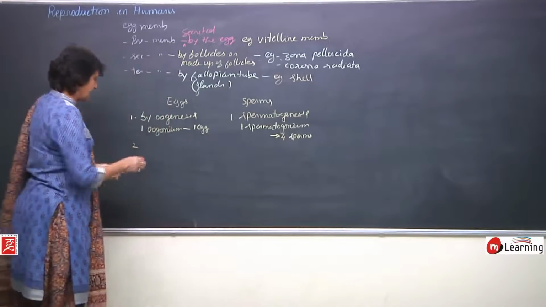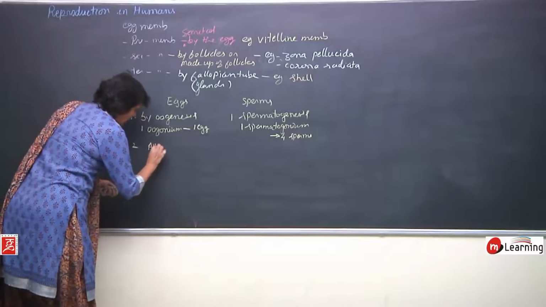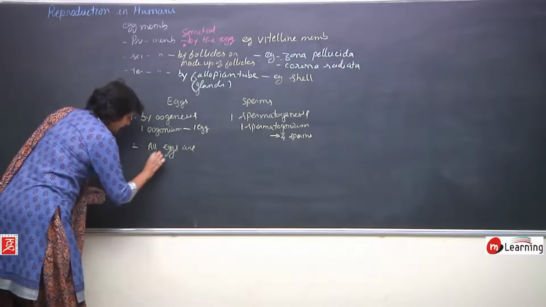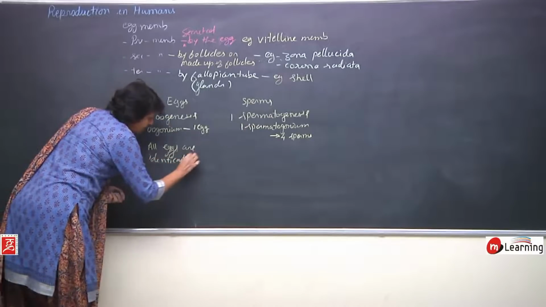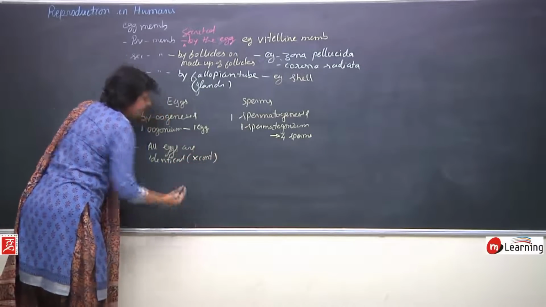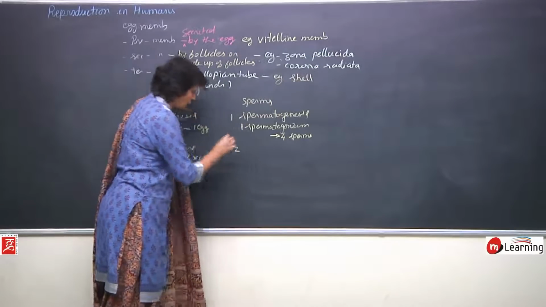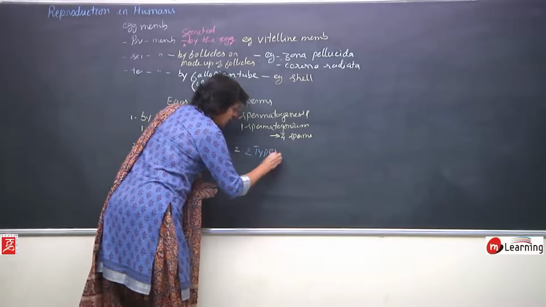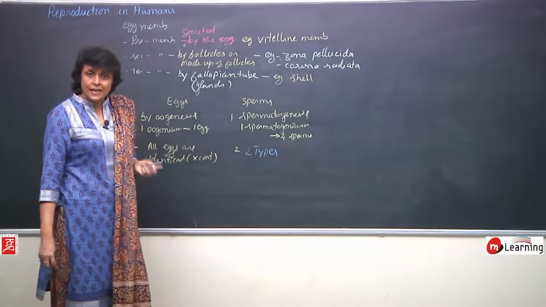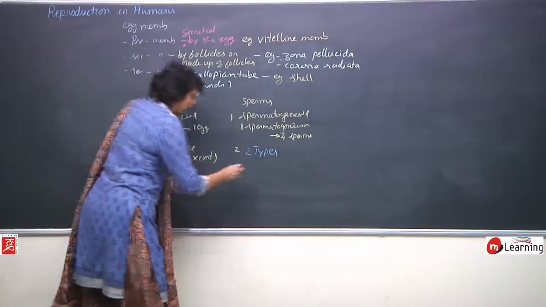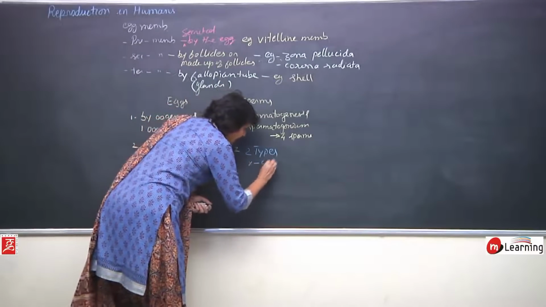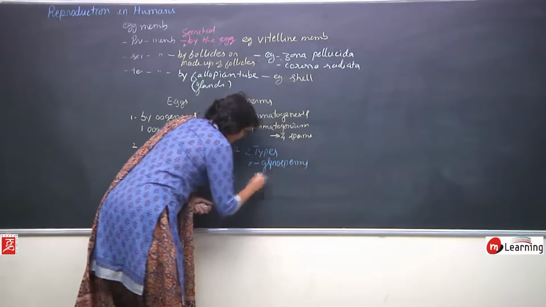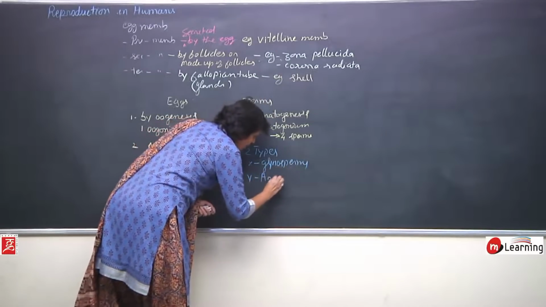That means all eggs contain the same type of sex chromosome. Whereas sperms are of 2 types. One, X containing, that is gynosperms, and Y containing androsperms.